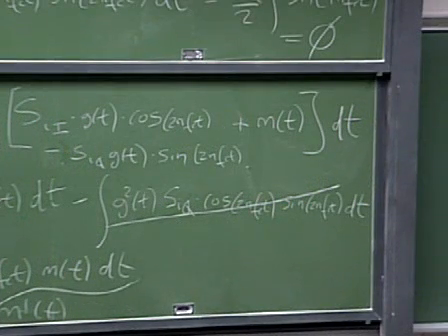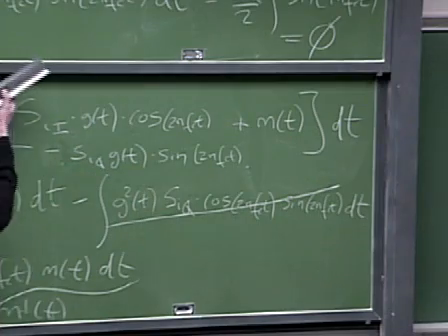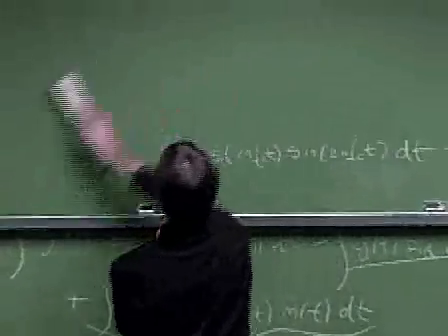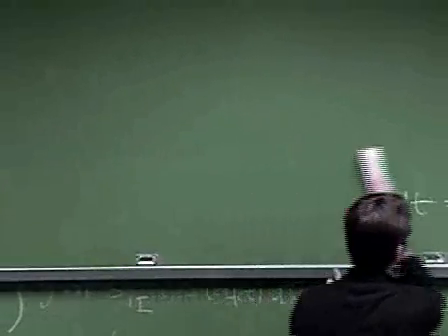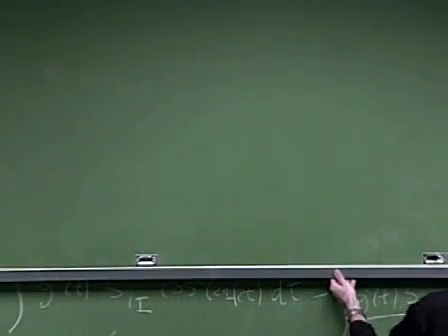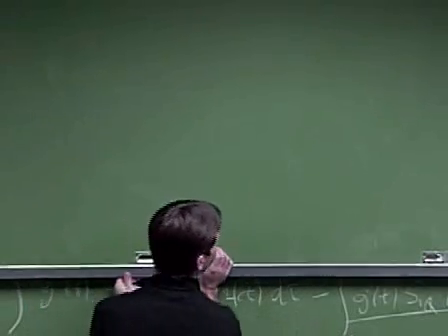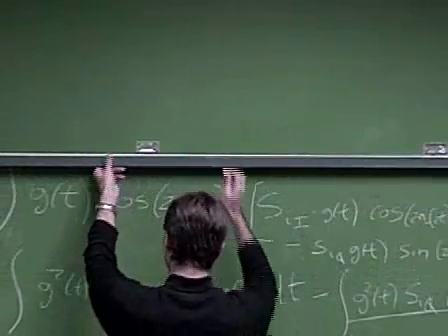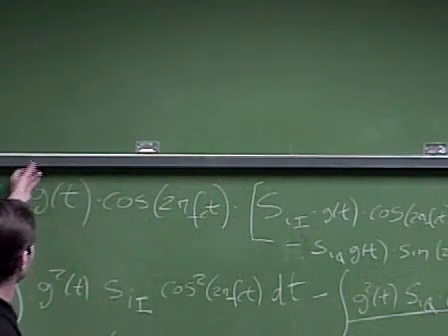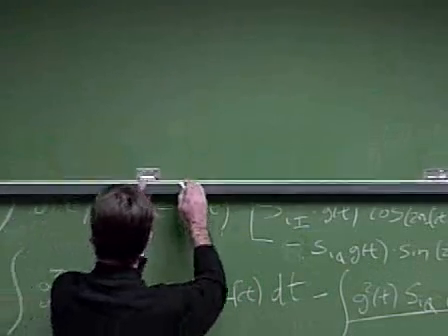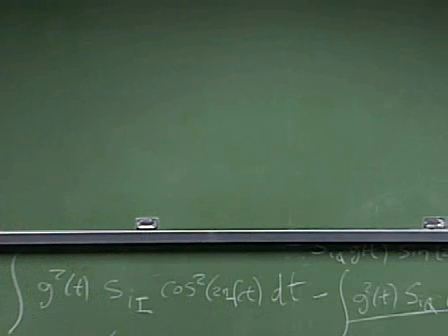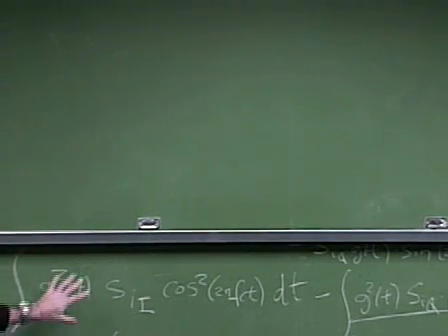Let's look at this term now. Okay, so now, what is this integral, this first one? Well, let's do the same. Let's imagine for a second there is no g.